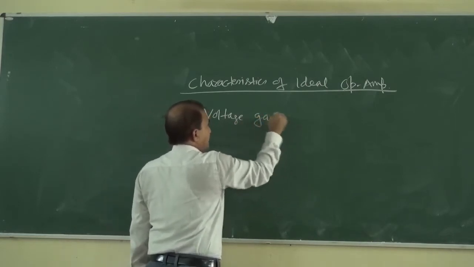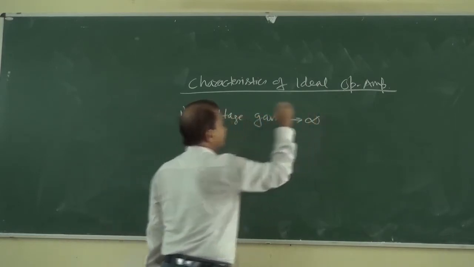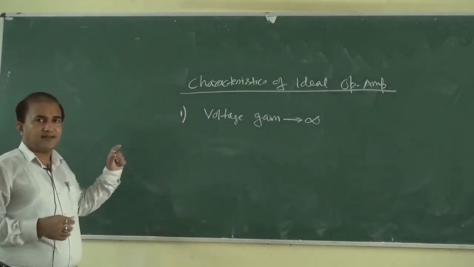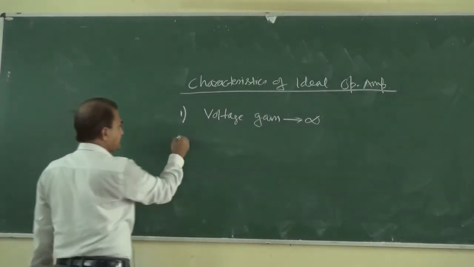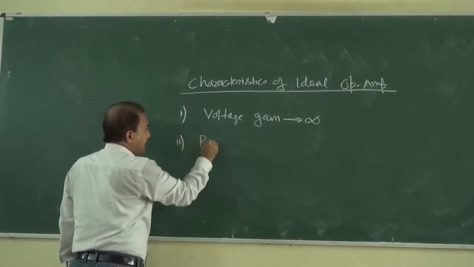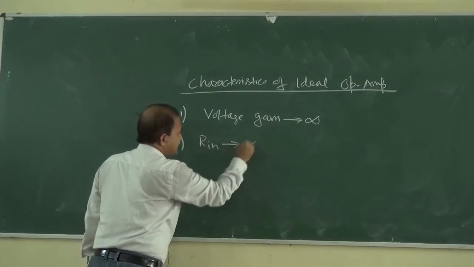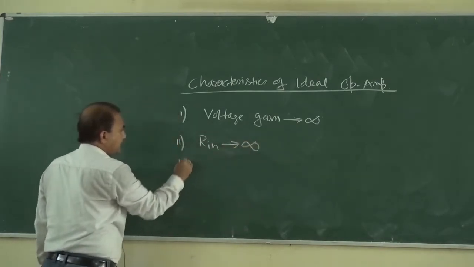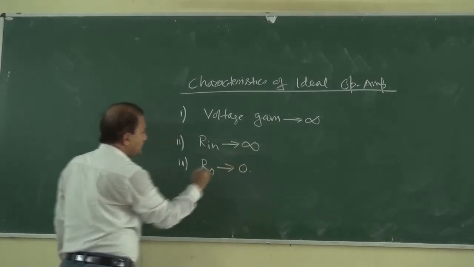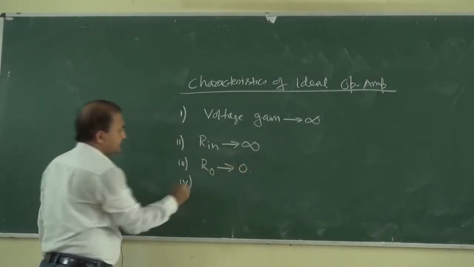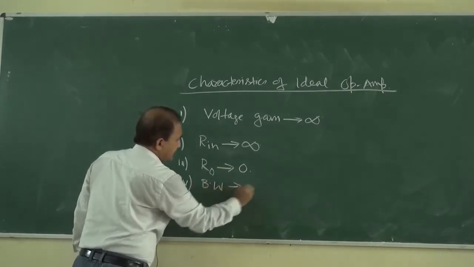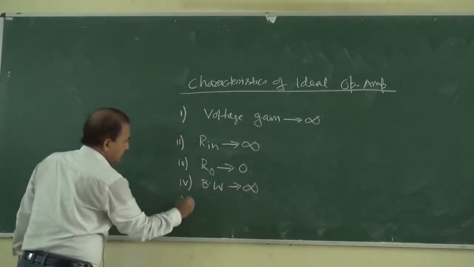Voltage gain of an ideal operational amplifier is infinite. Second one is Rin, input resistance, it is infinite. Third one is R output, output resistance, it is 0. Fourth one is bandwidth, it is infinite.